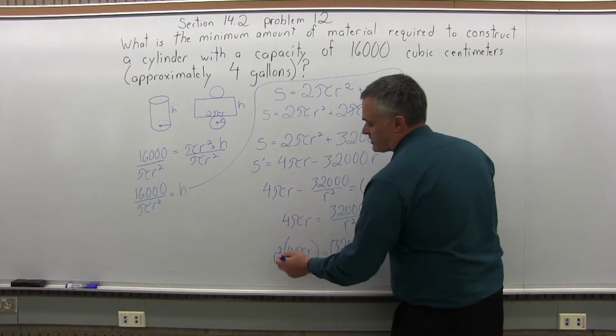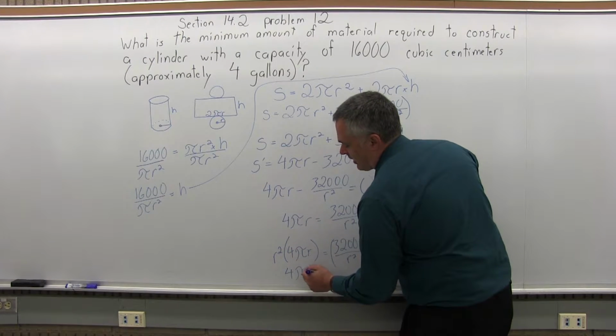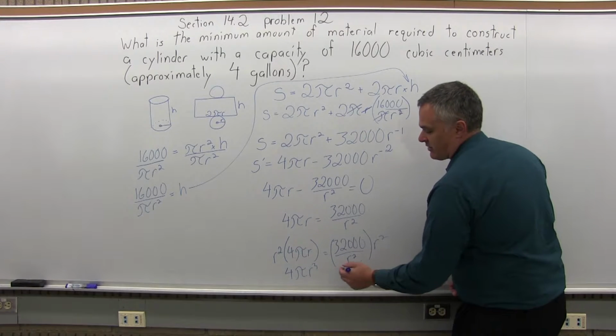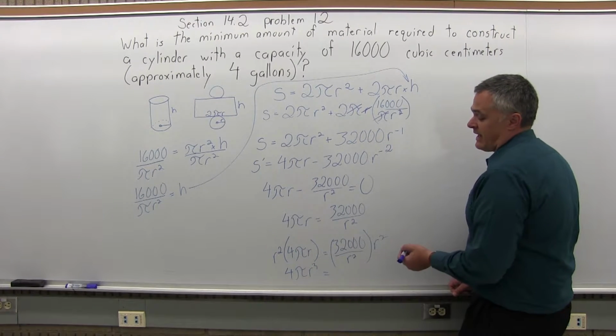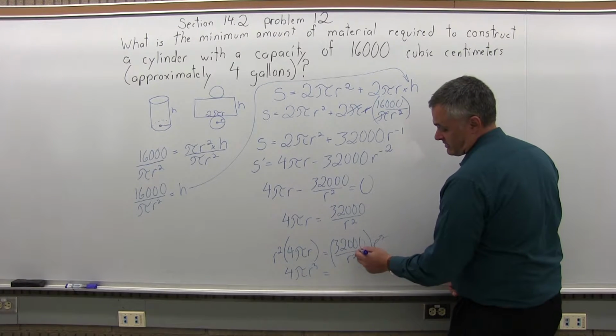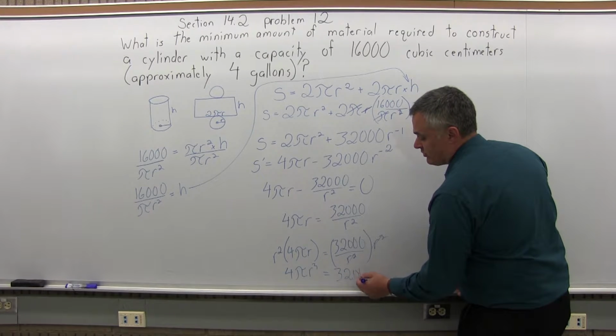So on the left side, r squared times 4 pi r will become 4 pi r to the third, right? That r squared times r to the first is my r to the third. And on the right side, 32,000 over r squared times r squared, r squared, r squared, they cancel. 32,000.